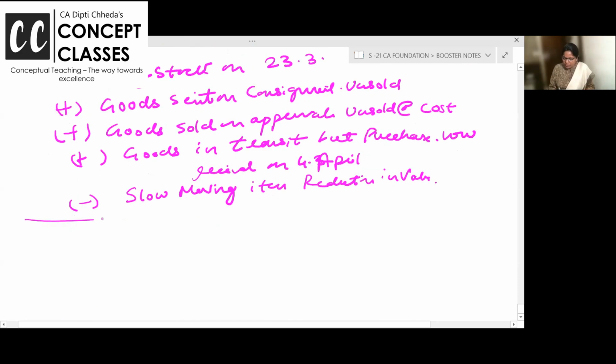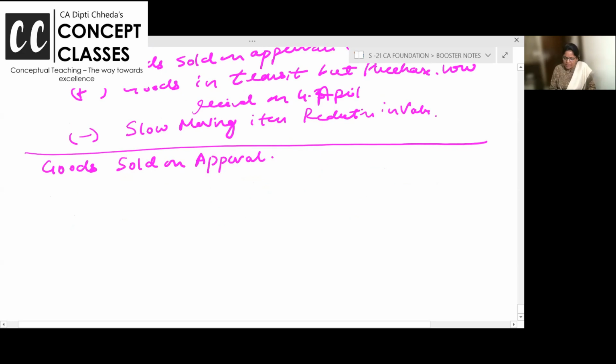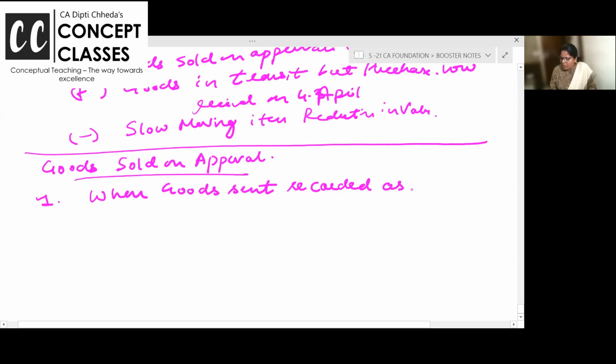And now I want to give you notes for goods sold on approval basis. Goods sold on approval basis. Very quick note. Write down, listen and write down heading. When goods are sent on approval basis, recorded as sales.